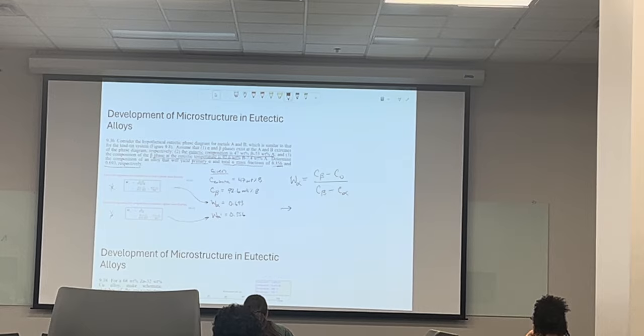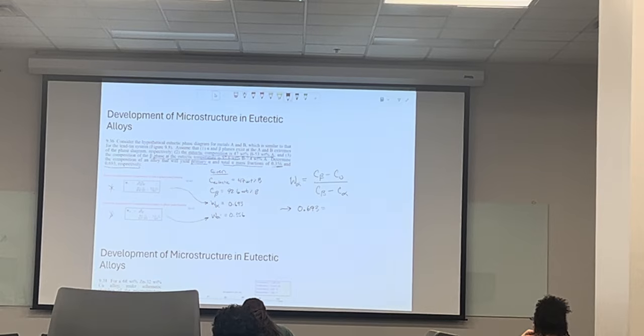So now if we plug in our values for the total alpha phase mass fraction, we'll end up with this value here, 0.693, is equal to 92.6, we don't know the original mass composition, divided by 92.6 minus the alpha composition.